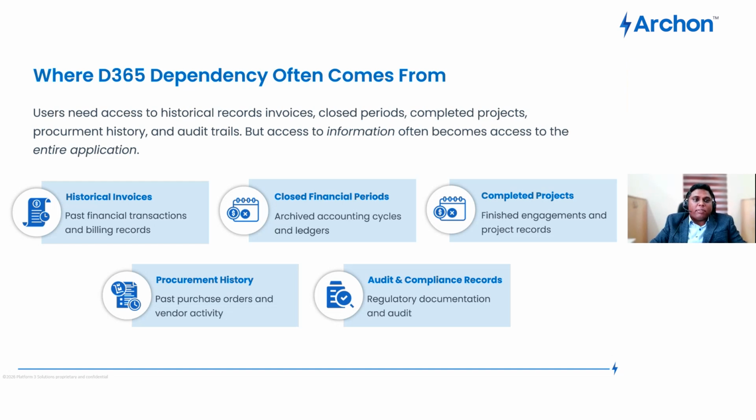Right? So in fact, when we have a D365 installation, the historical things or a common pattern of data retrieval that we have seen so far is one could be looking up their historical invoices, like the invoices that were generated sometime back, or any backdated invoices, and they would probably want to view those invoices for various reasons, for cross-reference, or to check the validity of the invoices and things like that.